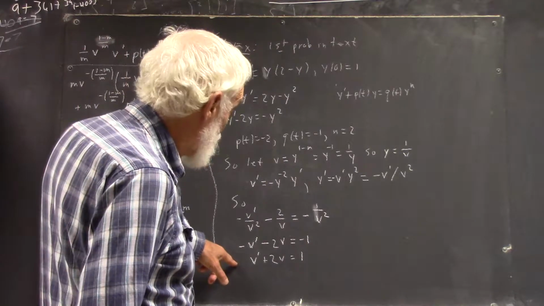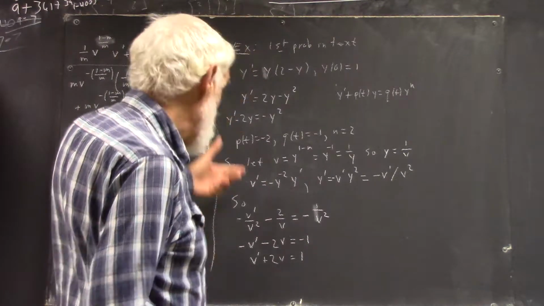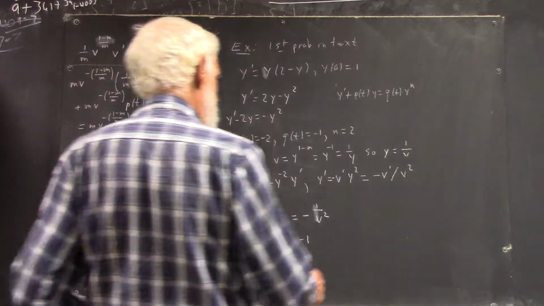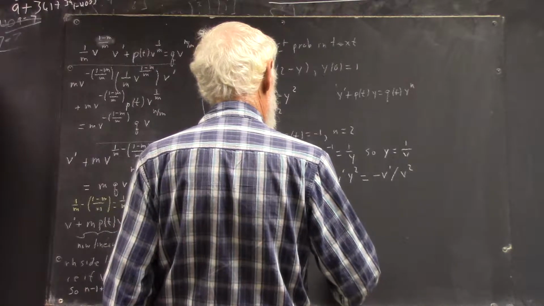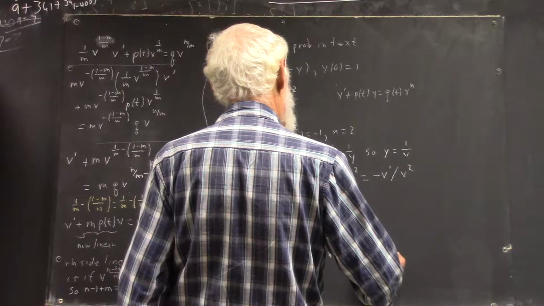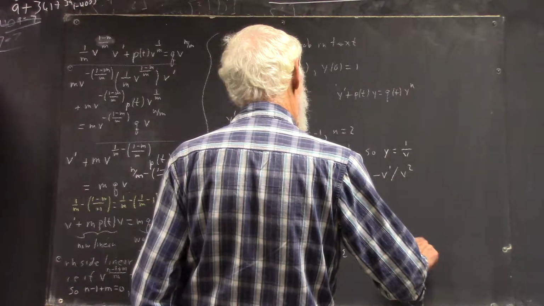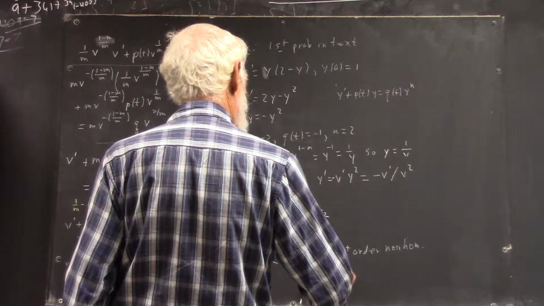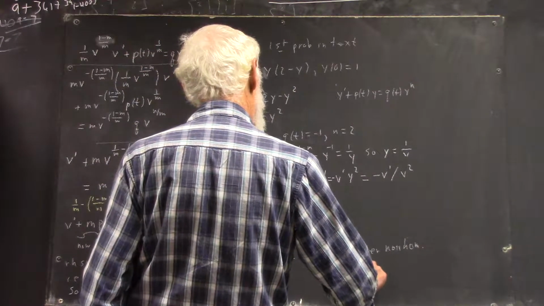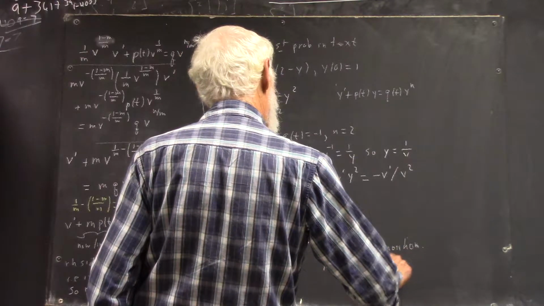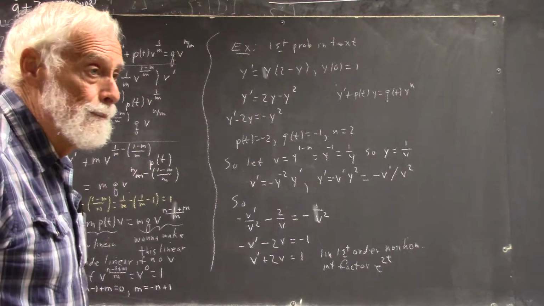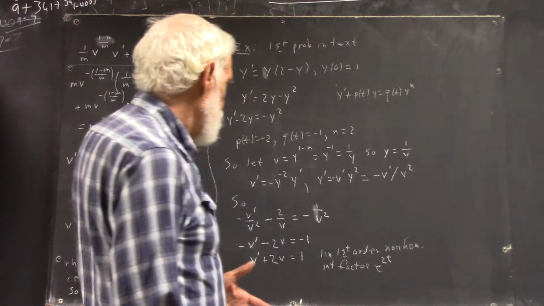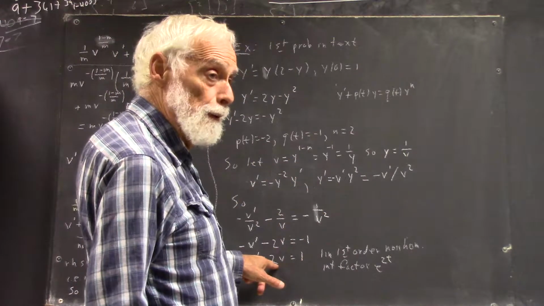Now, you get this, right? So now you have what? Linear, first order, non-homogeneous. Integrating factor e to the 2t. Okay? Because your integrating factor is e to the capital P of t. Here's your little p.